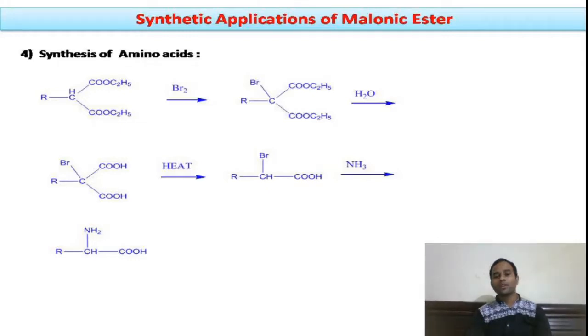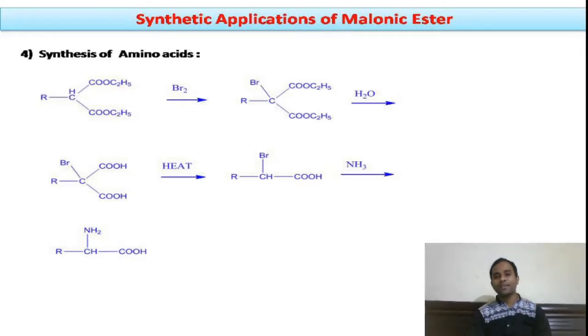monoalkyl bromomalonic ester, which will undergo hydrolysis in the second step to give the dicarboxylic acid. Upon heating, it undergoes decarboxylation to give alpha bromo carboxylic acid as the product, which upon treating with ammonia loses hydrogen bromide as the side product to form the alpha amino carboxylic acid, right?